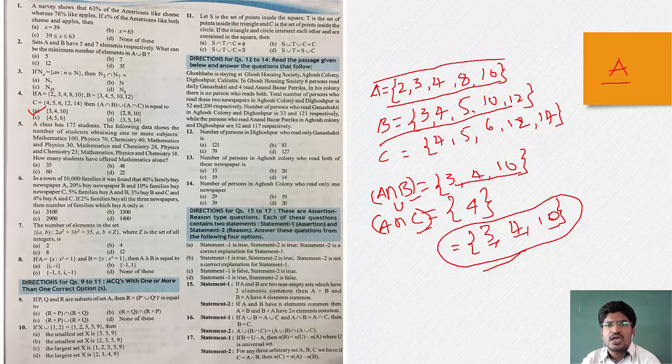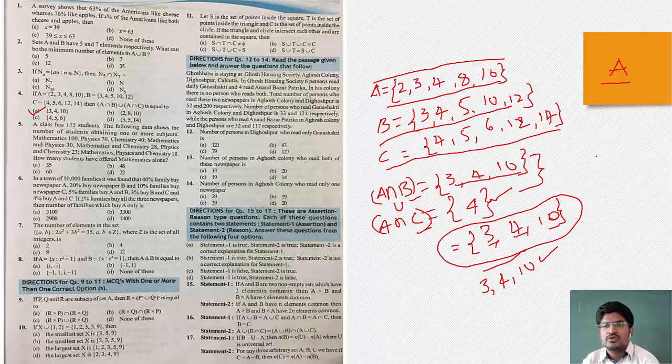From A and C you have the common element only 4. If you make the union of these two, you are going to have 3, 4, 10. Clear? Very simple question, and the answer will be option A.